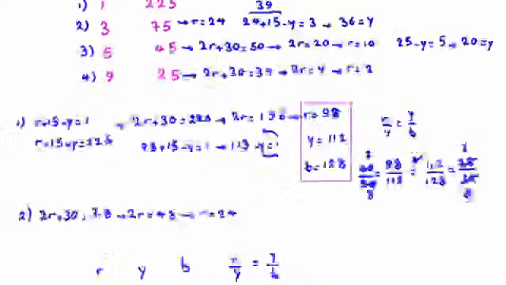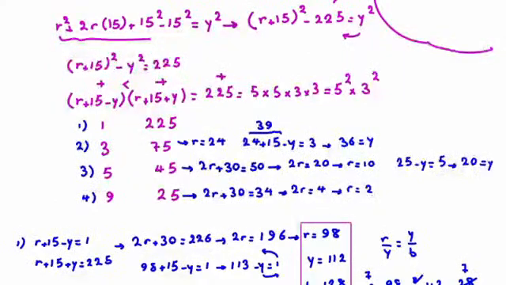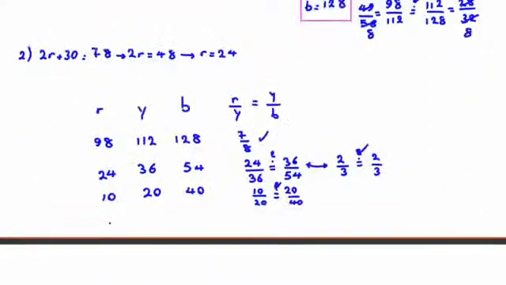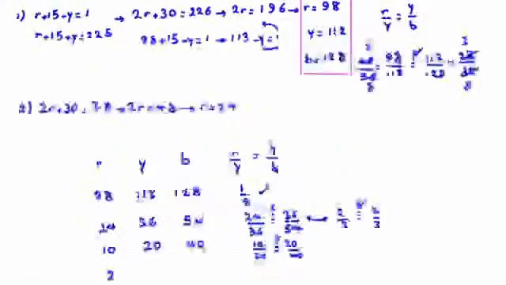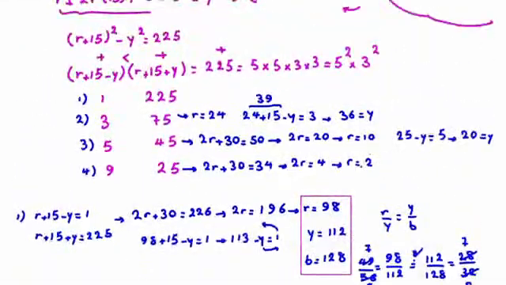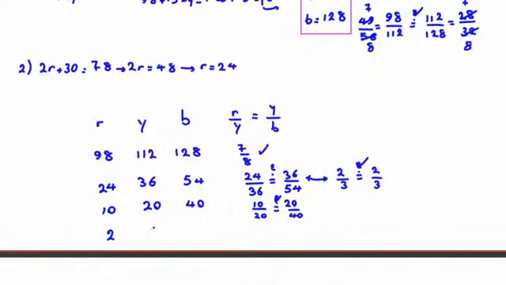Last case, fourth case. R equal to 2. Because R equal to 2, if we replace, 2 plus 15, 17, minus Y equal to 9. So we conclude 17 minus 9 is 8. Y equals 8. And B is R plus 30. 2 plus 30, 32. R over Y, 2 over 8.